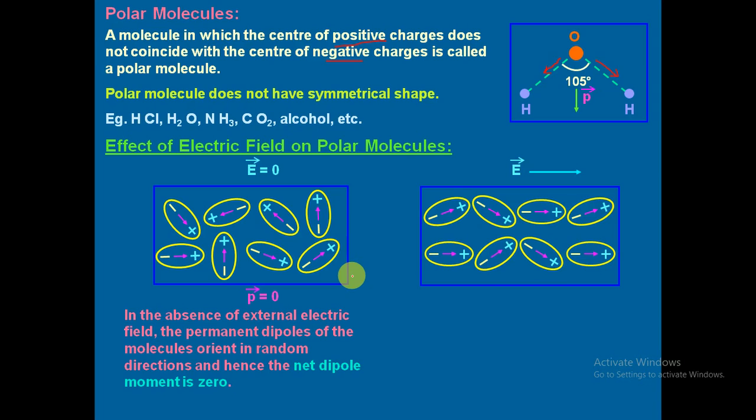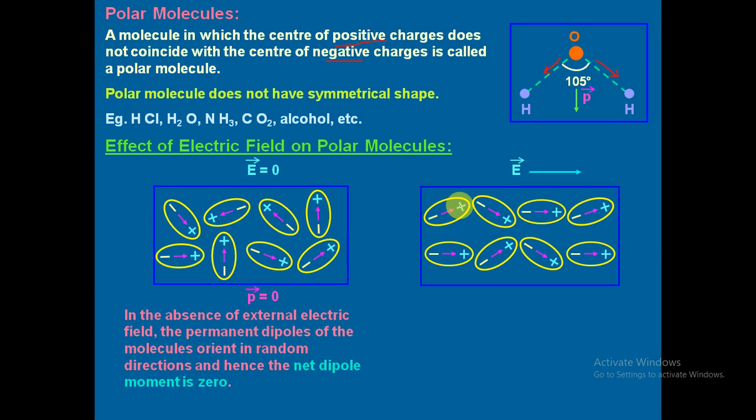Because when dipoles are placed in the electric field, the torque acting on the dipoles will align them in the direction of the electric field. So all the positive charges go towards the right side, as the electric field is in this direction. In this way, the dipoles have aligned themselves.